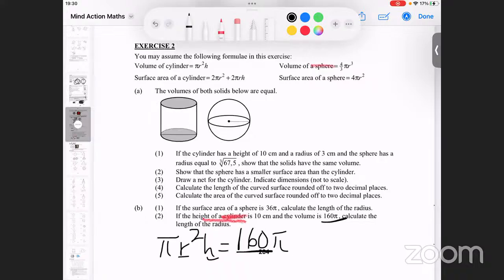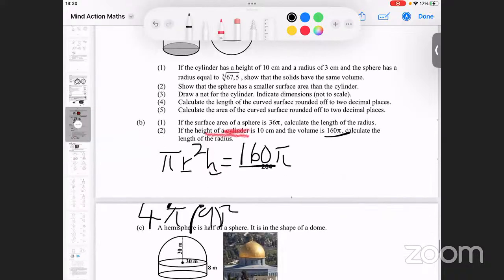Hence, we have pi r squared h equal to 160 pi. Then now we have the value of height, so we can substitute h. So we have pi r squared into 10 equals 160 pi.